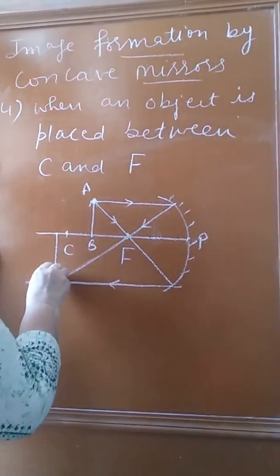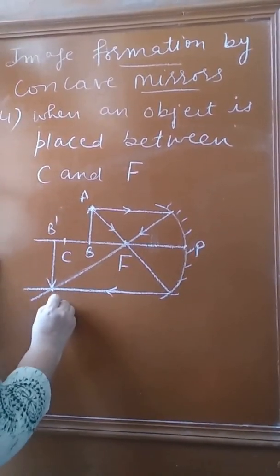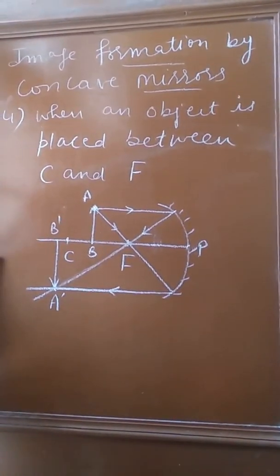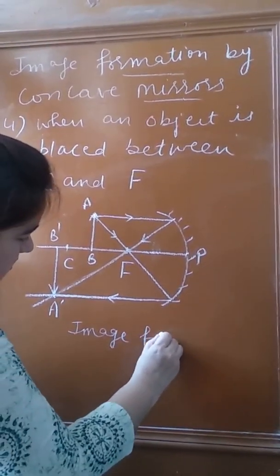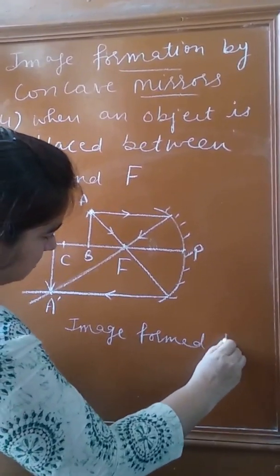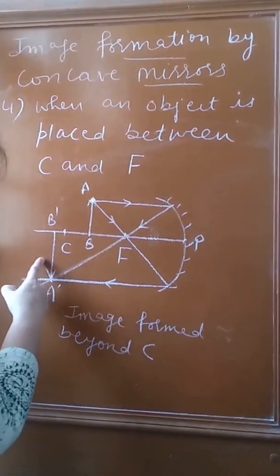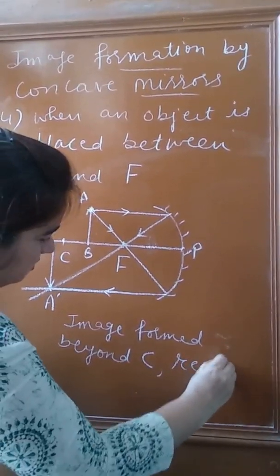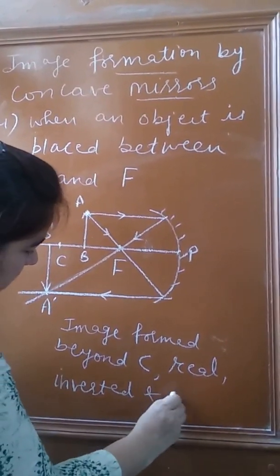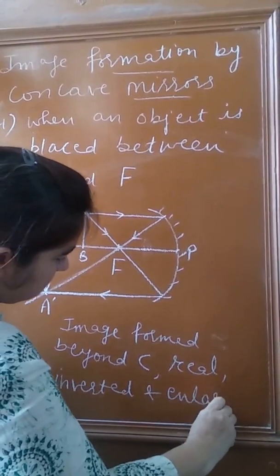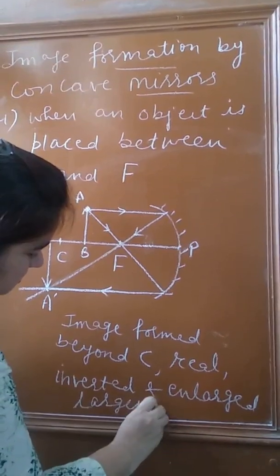Here a real image is formed, B dash A dash, beyond C. Now the image formed beyond C is real, inverted and enlarged, meaning larger in size.